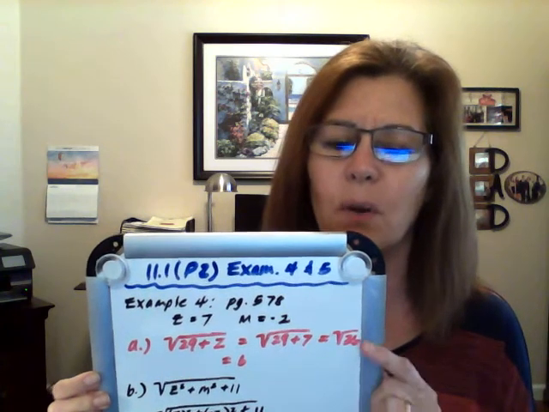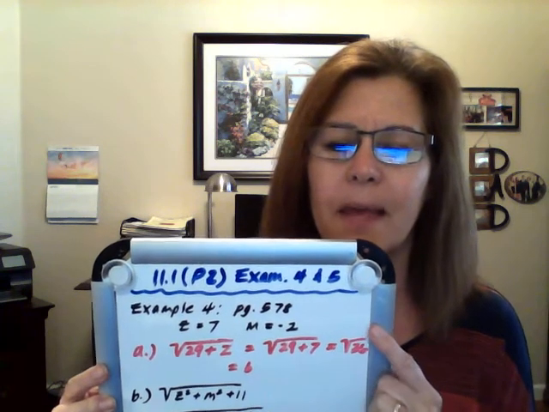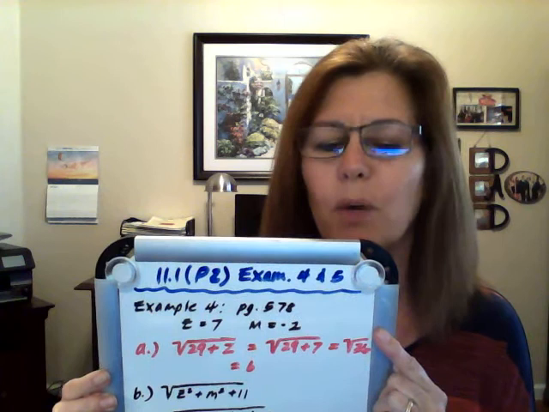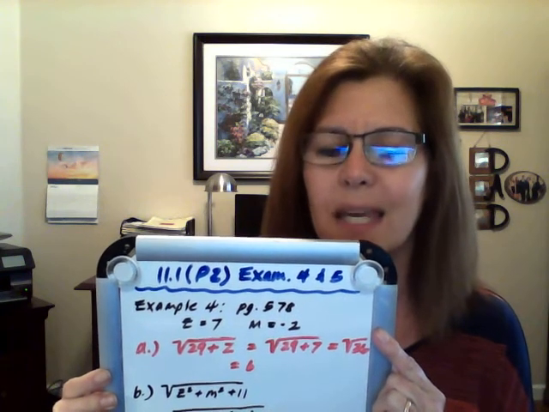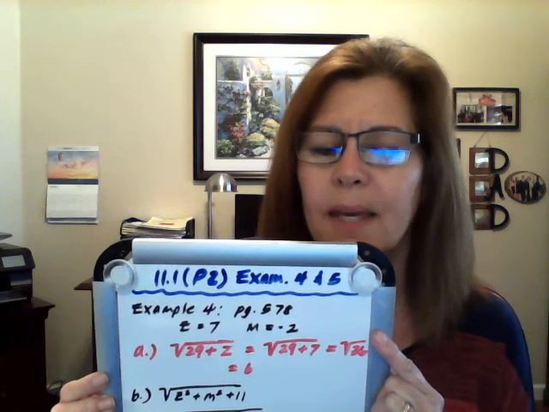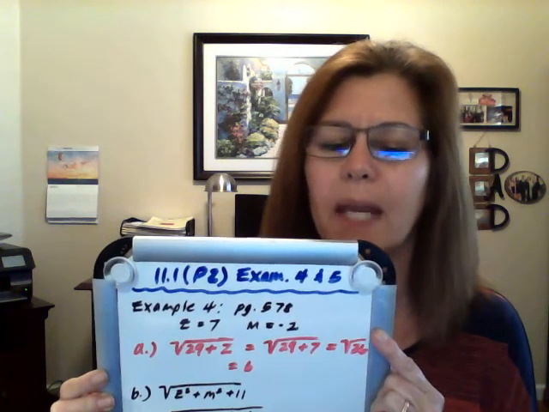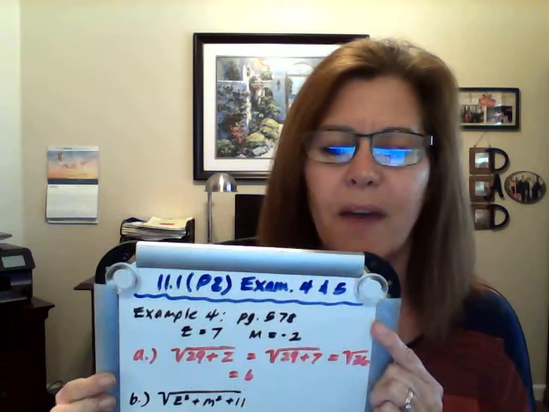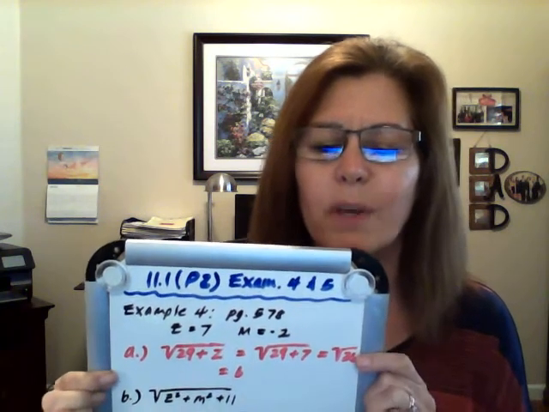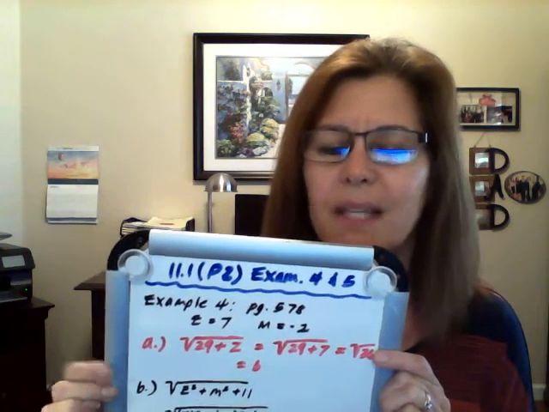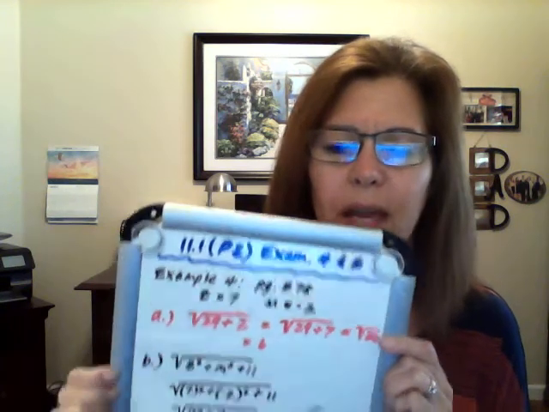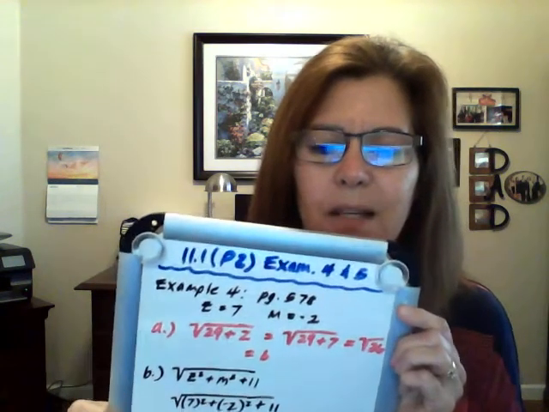So that first equation is a, and this is the square root of 29 plus z. So when we go to our next step, it's the square root of 29 plus the value of z, which is 7. So 29 plus 7, you add those two together, and you get 36.